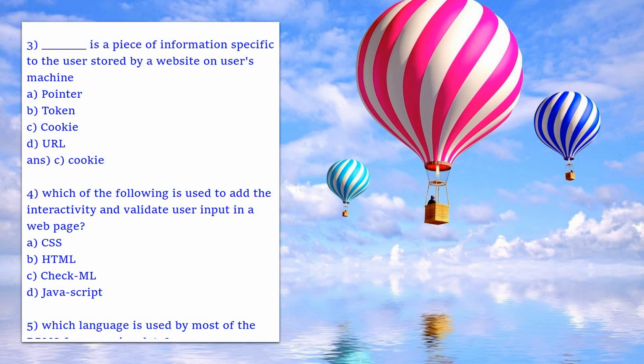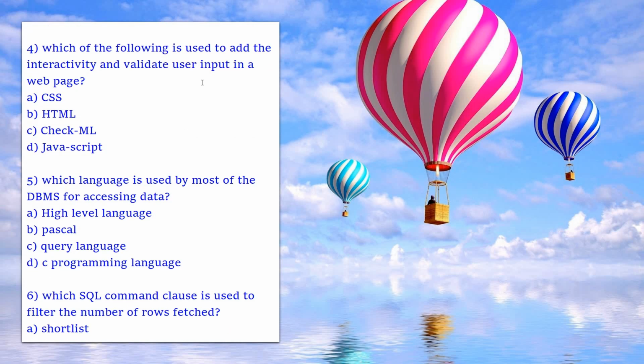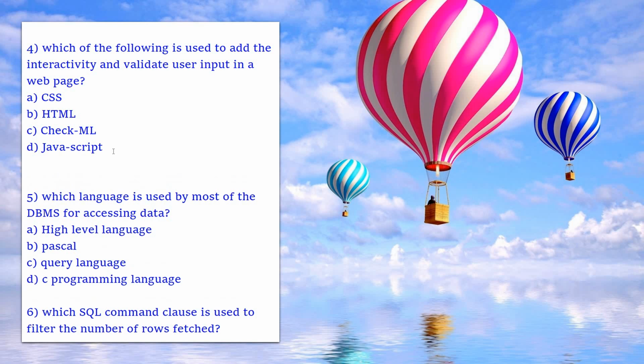HTML as well as JavaScript are both used for this, so you can write either option B or option D. Both provide interactivity and validate user input, but nowadays JavaScript is more preferred, so you better write JavaScript, option D, as the correct answer.